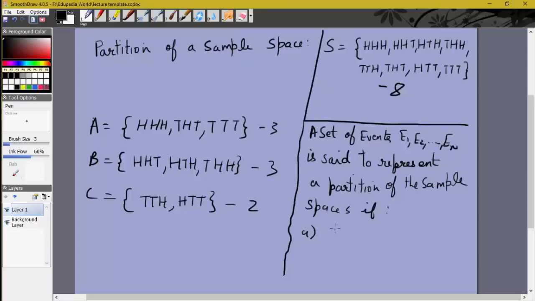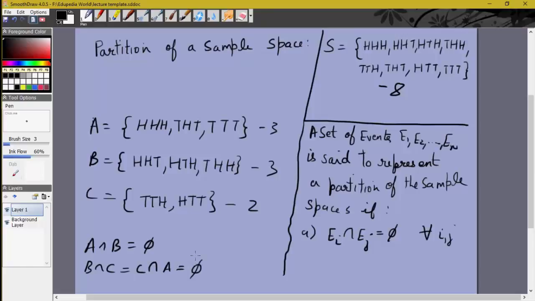The first one is Ei intersection Ej is the null set for all i and j. So in this case, we can see that A intersection B is the null set because they have no elements in common. Similarly, B intersection C is also the null set, and C intersection A is also the null set.